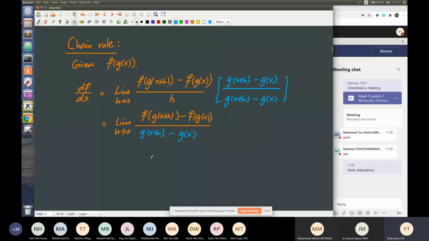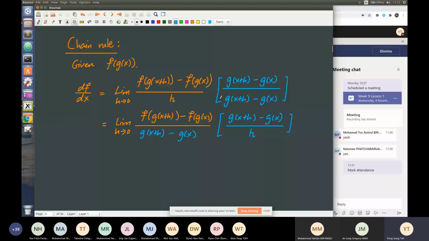I think maybe you can observe where this is going. The numerator remains, and you bring the h onto the other side. Of course, this is nothing but swapping denominators.